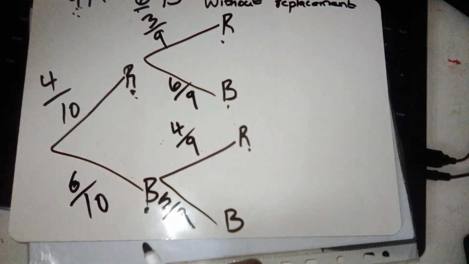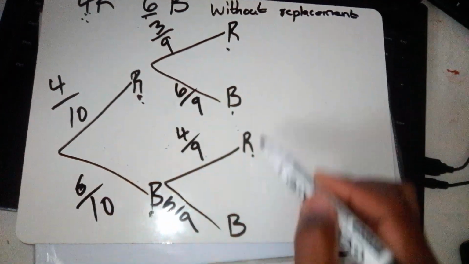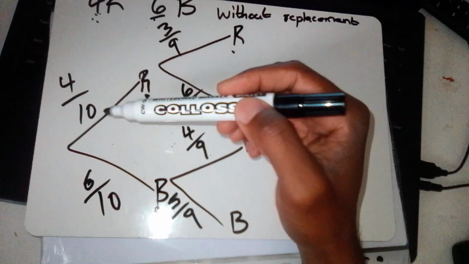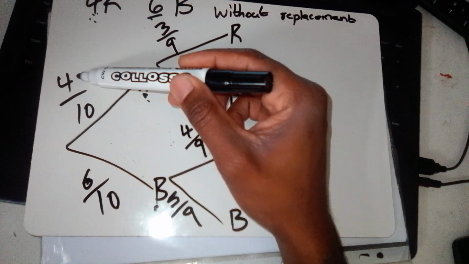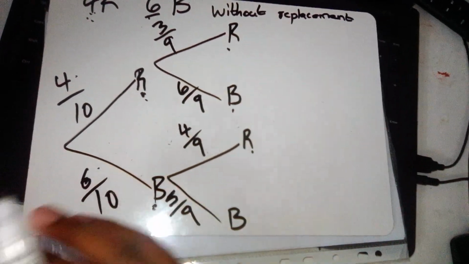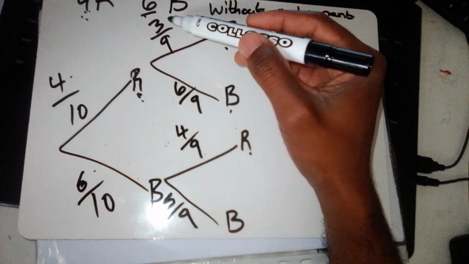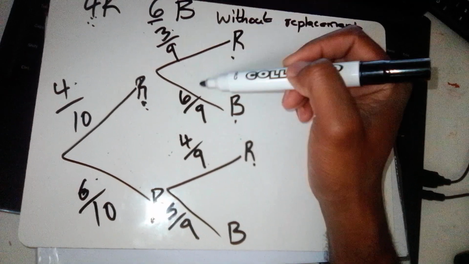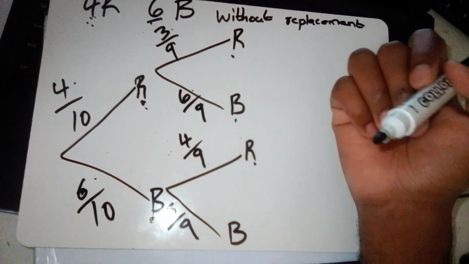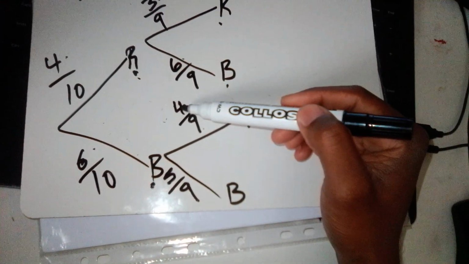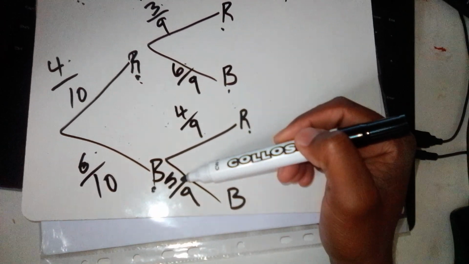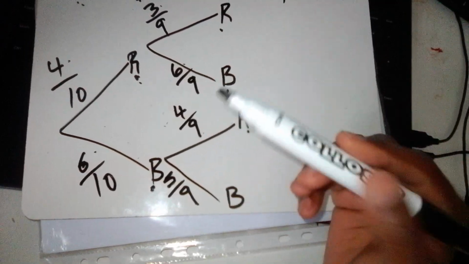So now let's see if this is correct. All these numbers should give us 1, right? Let's start with this one. 4 plus 6 is 10, so 10 over 10 is 1. And then 3 plus 6 is 9, 9 over 9 gives us 1. And then 4 plus 5 is 9, 9 over 9 gives us 1.